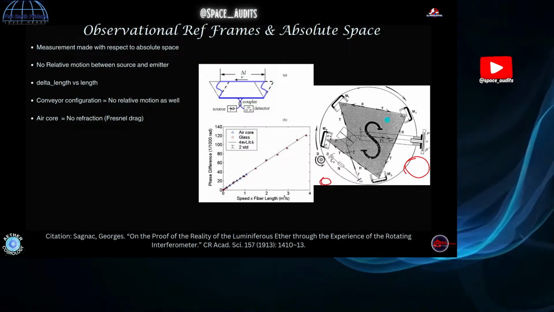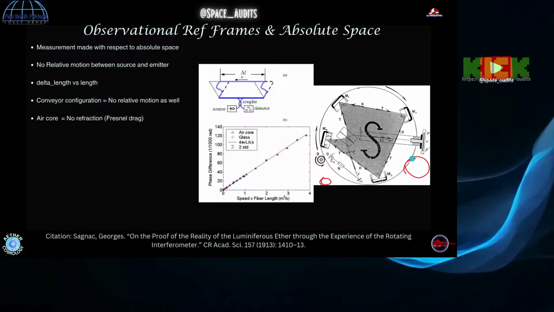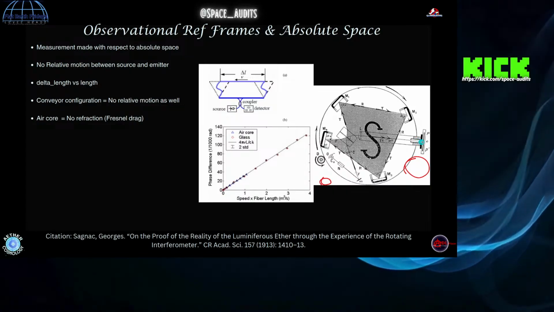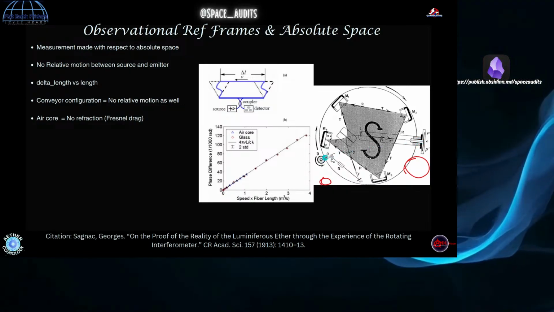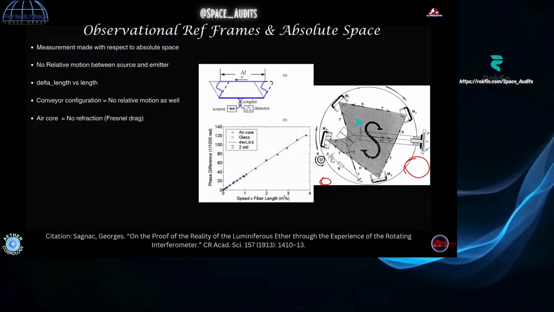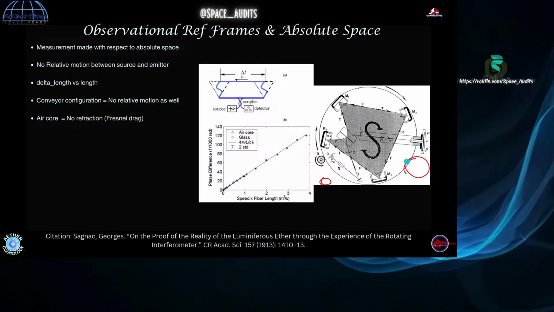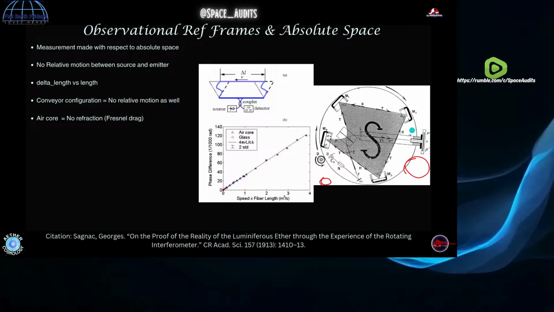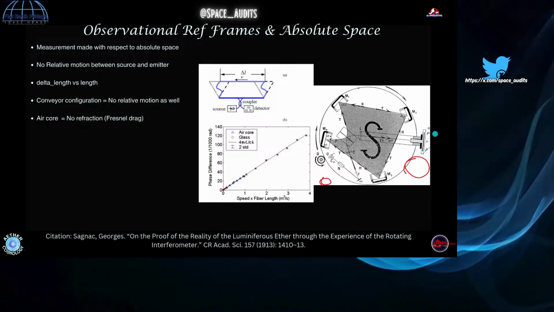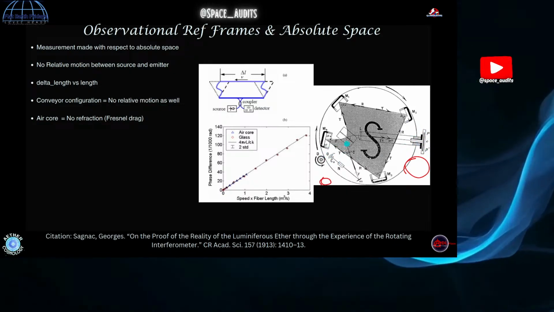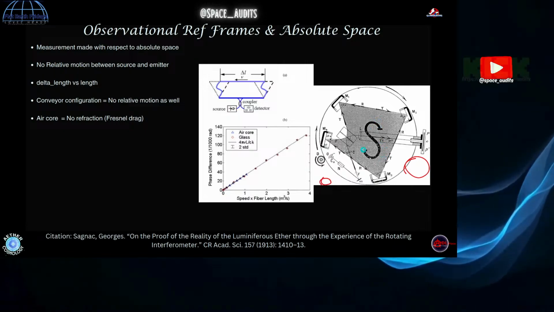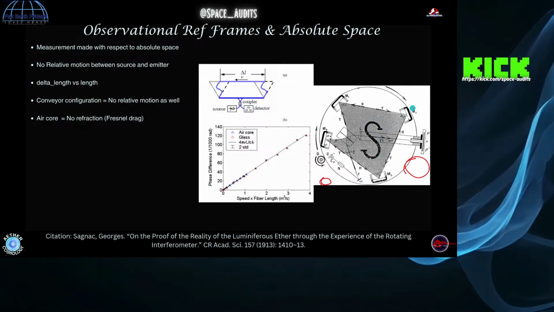Yeah, absolutely. So the red circles were supposed to be the detector and the emitter here, but when I resized it, it kind of offset it. So I wasn't able to correct it, but these are just supposed to put a circle around the detector and then the emitter. And the big S here is the area that light travels in this apparatus.